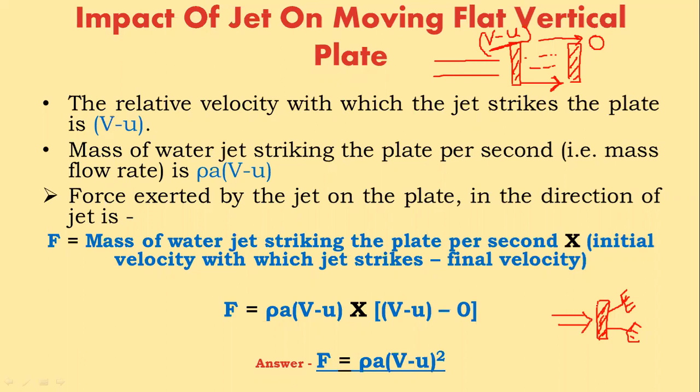Because even though the jet was striking, the plate did not move. That means there was no work done by the jet on the plate. But here the plate is moving, so there is some work done by the jet on the plate. So we'll see what is that work done.